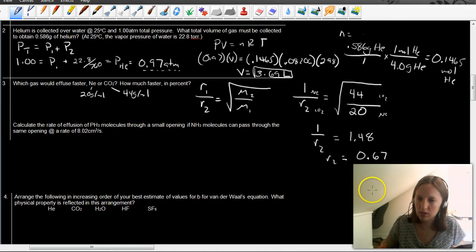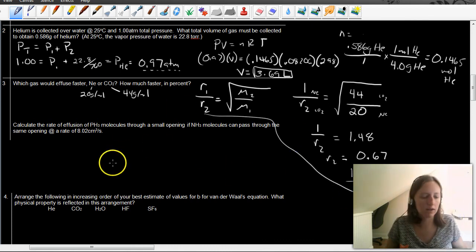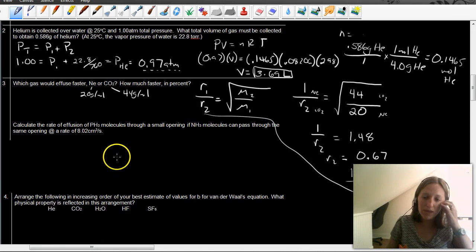This is percent difference. So it's 1 minus 0.67 over 1 equals 0.33 times 100 equals 33% faster. There we go.